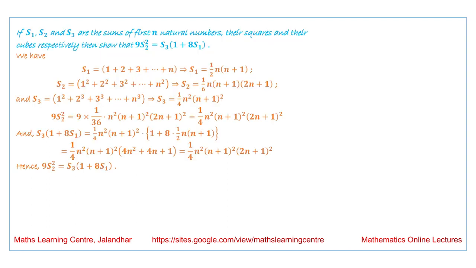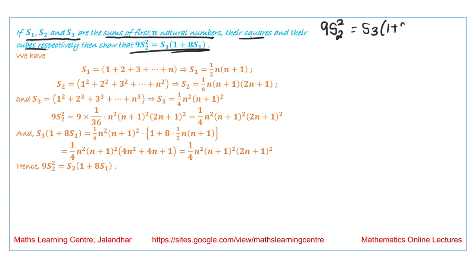Next, if S1, S2, S3 are the sum of the first n natural numbers, their squares and cubes respectively, we have to prove this result, that 9 S2 square is equal to S3 into 1 plus 8 S1. This is the relation between these 3 sums. To prove this result, the value of S1 we know is 1 by 2 n into n plus 1.